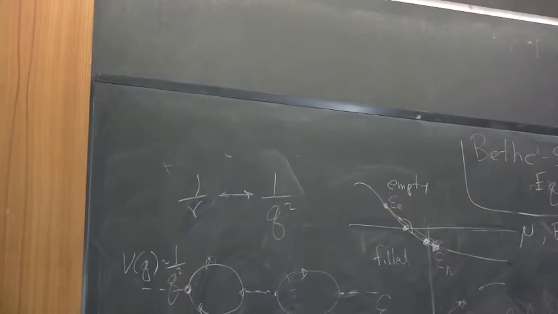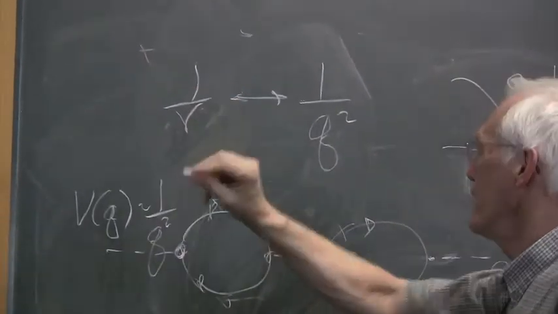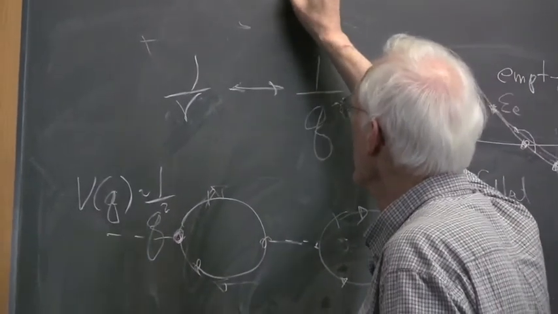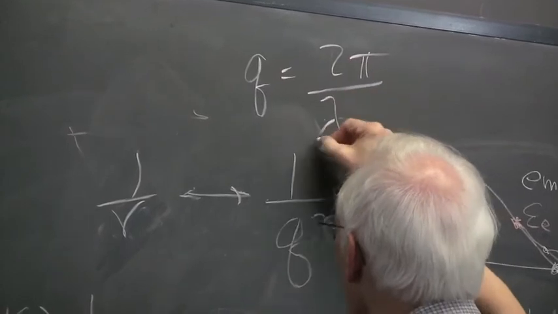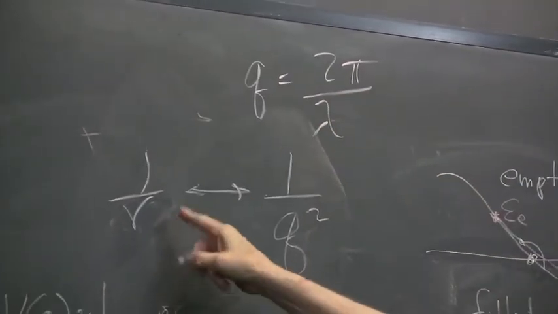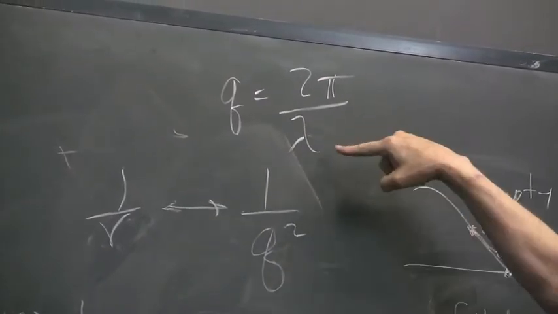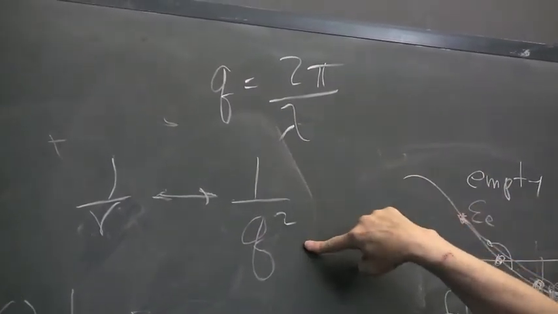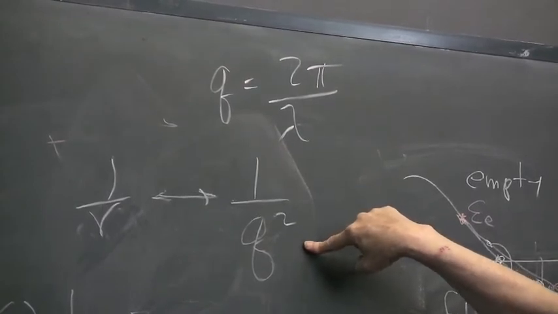So let's think. We know that Coulomb interaction is 1 over distance, and Q is 2 pi over wavelength. If you Fourier transform the potential and express it in Fourier space, you get a long range part that goes like 1 over Q squared, or like the wavelength squared.